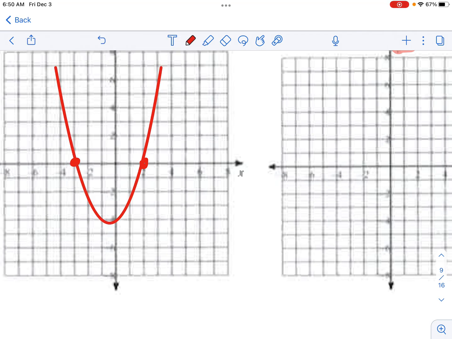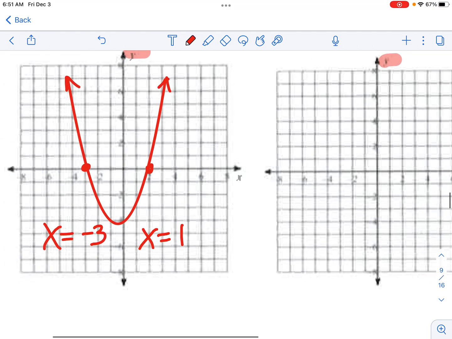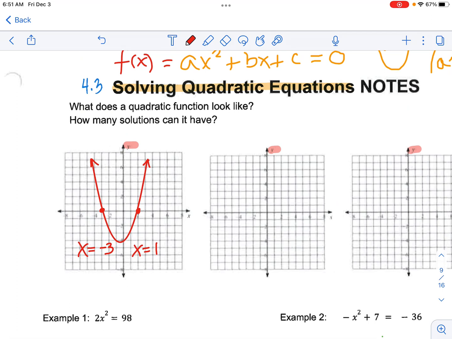Then we see that it contacts the x-axis in two locations, like at -3 and at 1. And so those are the solutions. Those two x-intercepts are when y equals 0.